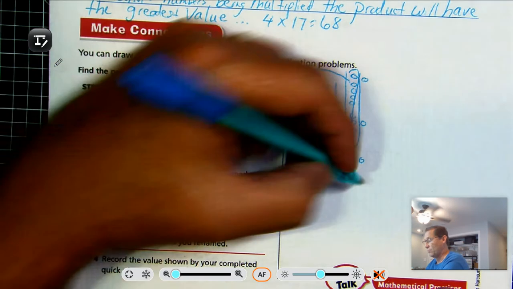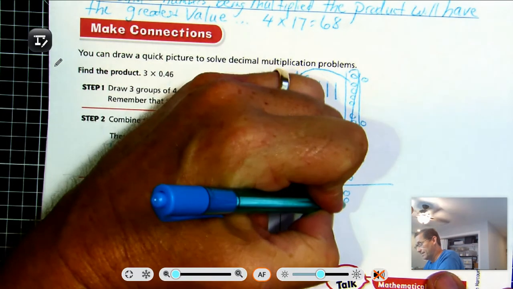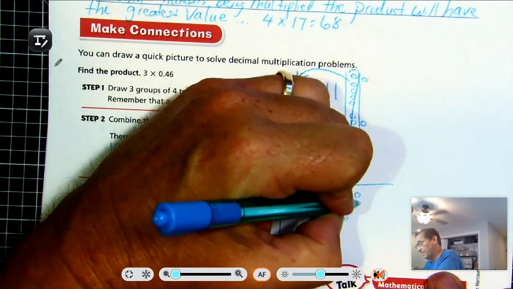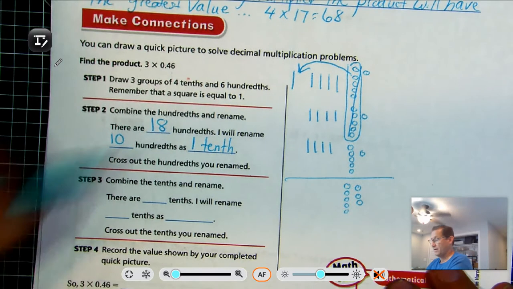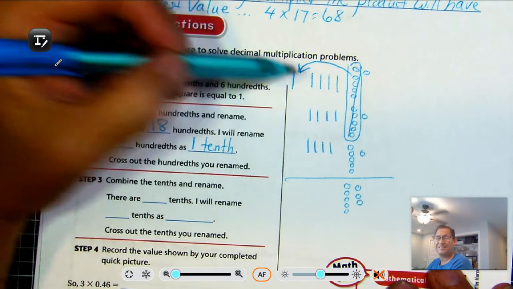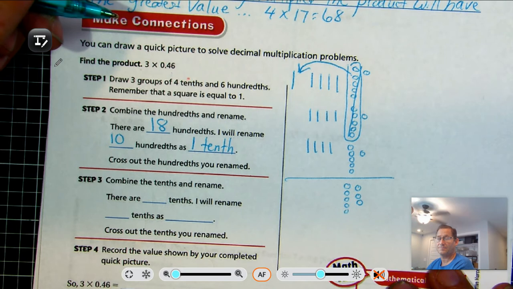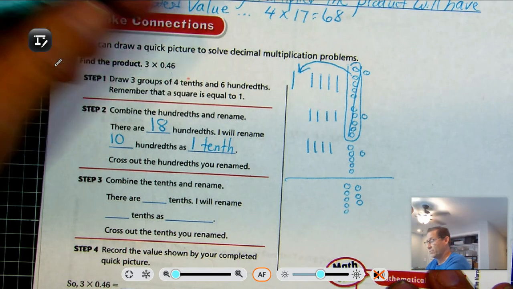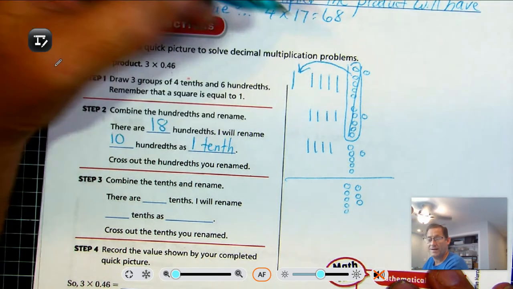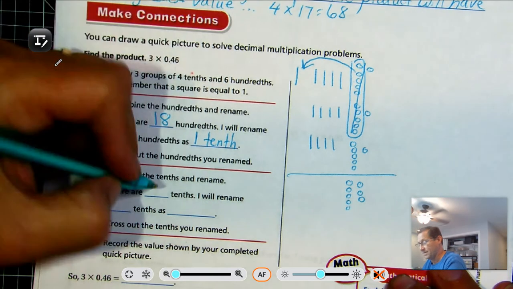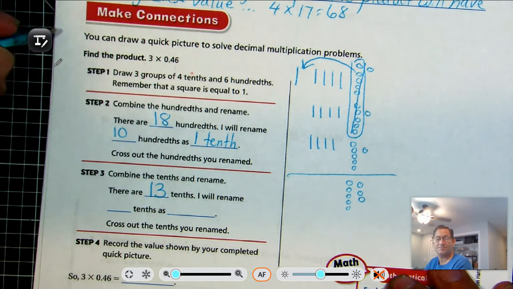Okay, now we're going to combine the tenths. And we have 4, 8, 12, 13 tenths. Well, we can regroup and rename 10 of those tenths. So we have 13 tenths.